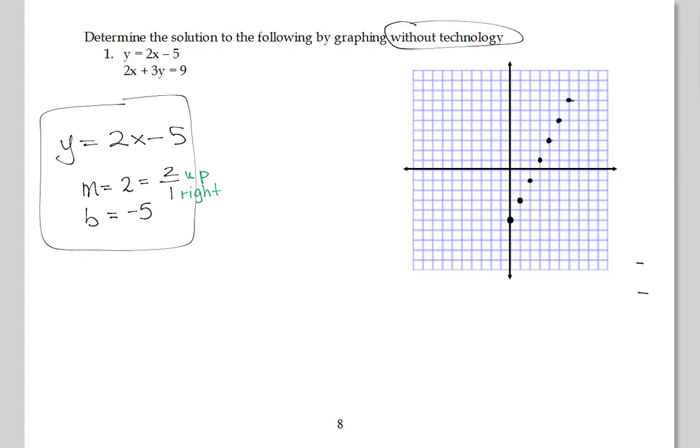I'm just going to draw a whole bunch of dots. You can even go left. What happens if you go 1 left? Well, you got to follow the pattern. It's a straight line. So 1 left, you got to go 2 down. Good. And 1 left, 2 down. And it should be connected with a straight line.